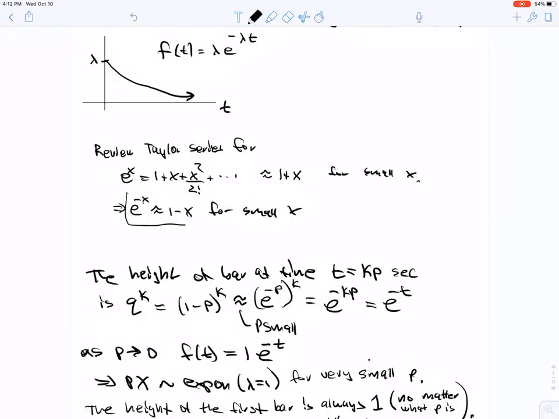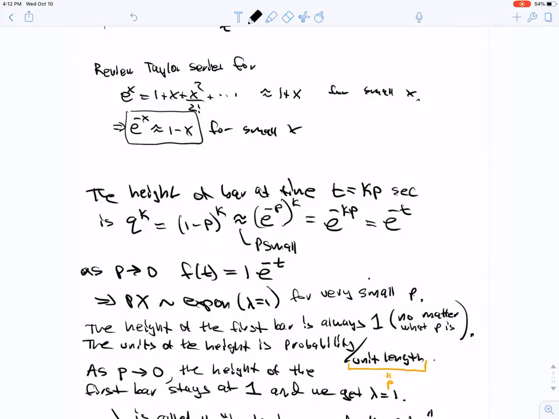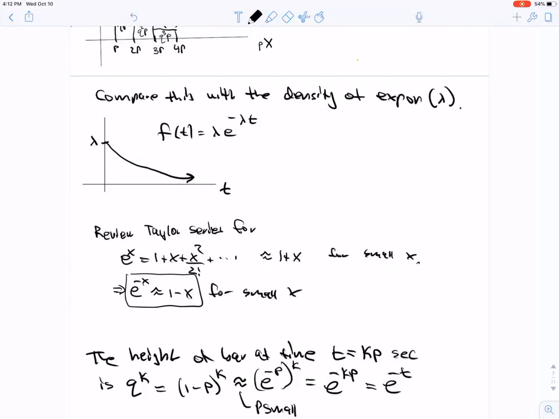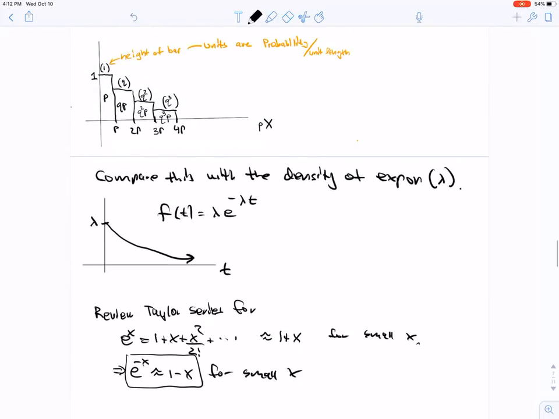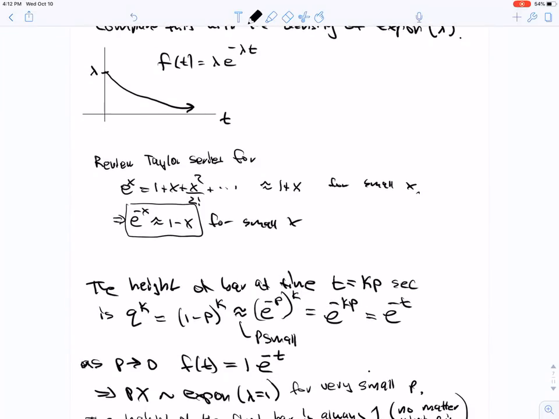Now the height of a bar at time t equals kp is q to the k. And q to the k is 1 minus p to the k, and 1 minus p, when p is small, is approximately e to the minus p by our Taylor series approximation.